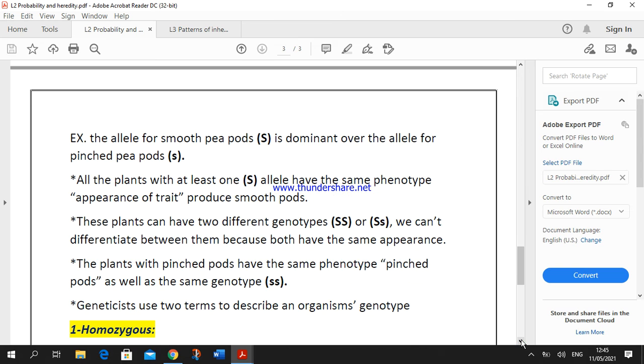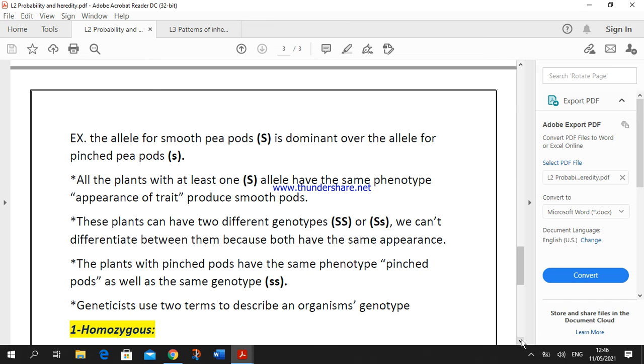If we have an example, the allele for smooth pea pods, S, is dominant over the allele for pinched pea pods, s. All the plants with at least one S allele have the same phenotype, the same appearance of the trait. All of them produce smooth pods.